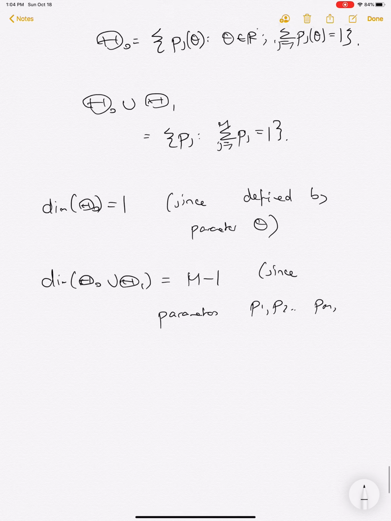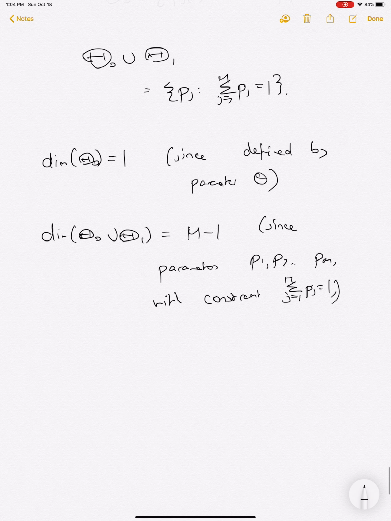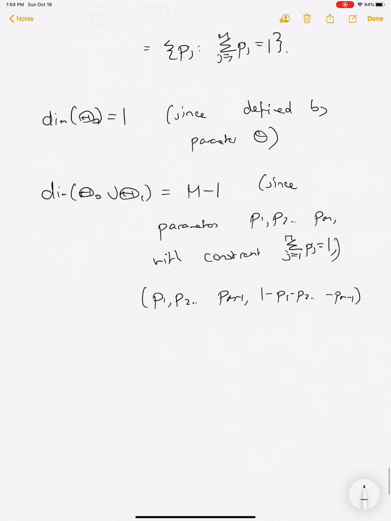So that's m parameters, but then we have the constraint summation j equals 1 to m of pj equals 1. So you can re-encode this in terms of the parameters p1, p2 up to p(m minus 1). And then the probability of the last category is going to be 1 minus p1 minus p2 up to p(m minus 1). So this is why the dimension here is m minus 1. And this is going to be useful when we talk about the GLRT in the test statistics.